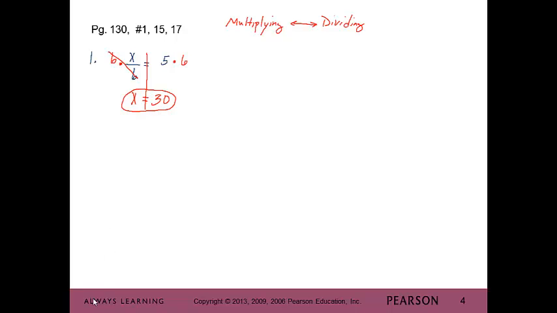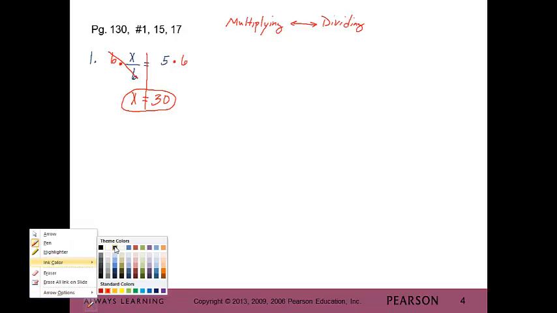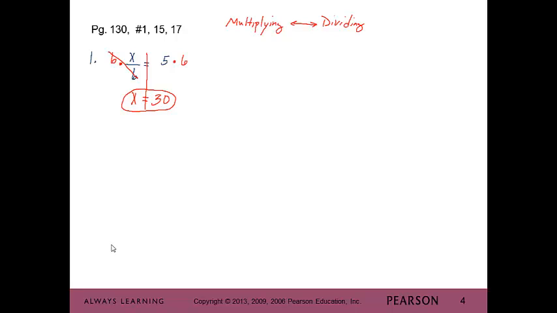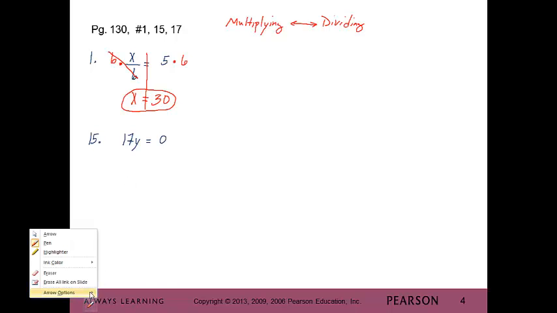All right, number 15. So now we have 17y equals 0. This time we're solving for y, and we see 17 is hanging out with him. Now what is the 17 doing to the y? It's multiplying. So in between here there's a little dot, and it means multiplication.